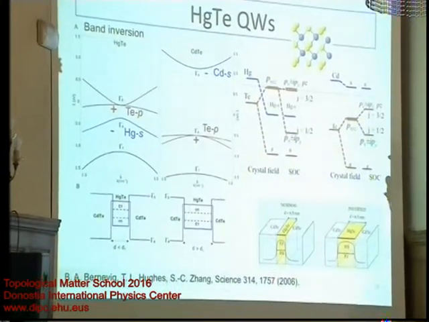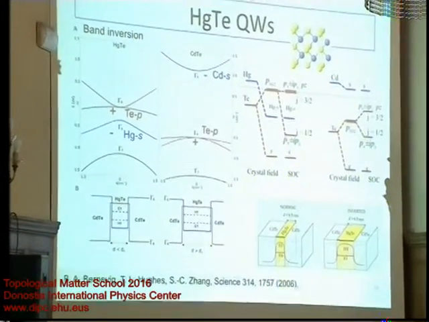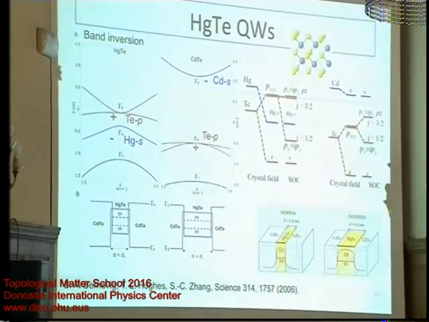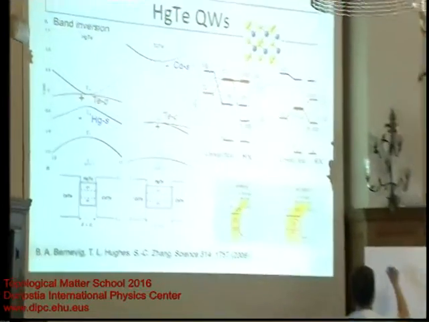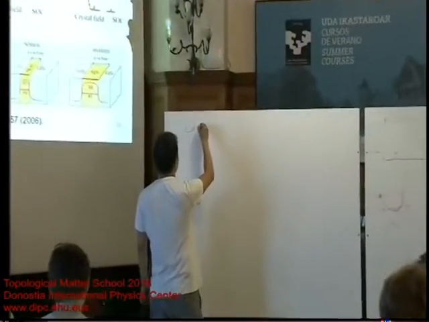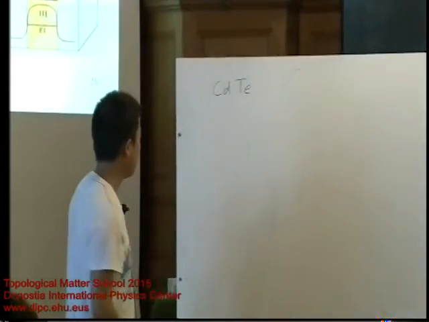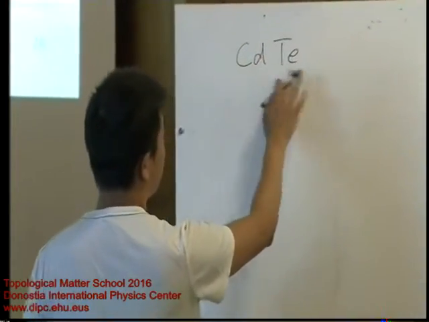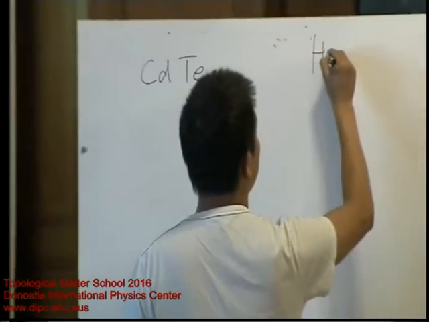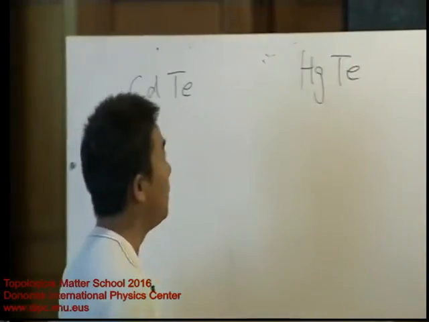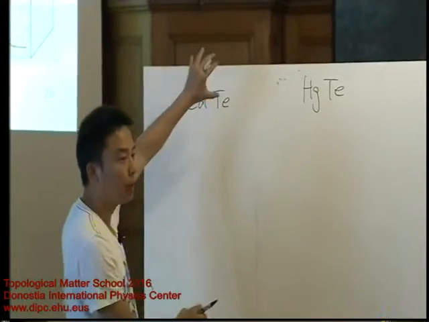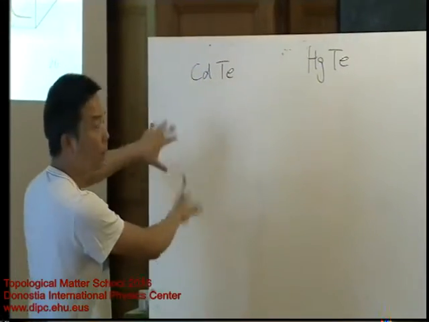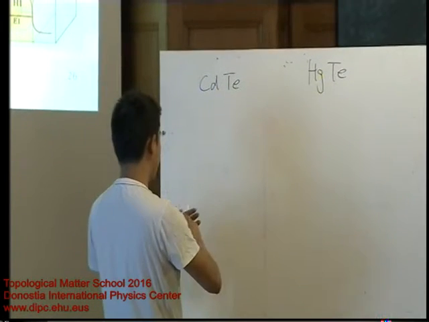Now, let's recheck it from the viewpoint of band inversion and Z2. We just compare a normal material, cadmium telluride, and mercury telluride. In the periodic table, they stay in the same column, but cadmium is at the top position, and mercury is at the bottom. Mercury is much heavier.